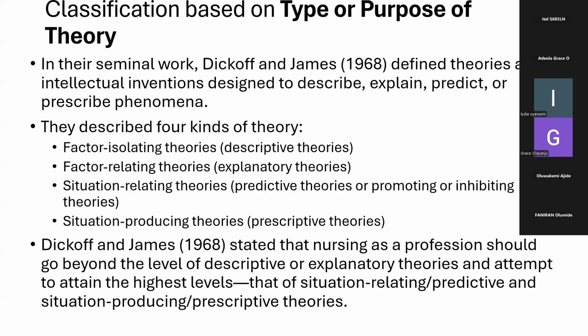Then the next one is the predictive. Predictive is when we draw a predictive model and say, okay, fall is being predicted by the prevalence of wet floor on the unit. So we can say that when we change a variable, it's going to affect the other variable. So if we want to prevent falls, we have to make sure that the floor is as dry as possible.